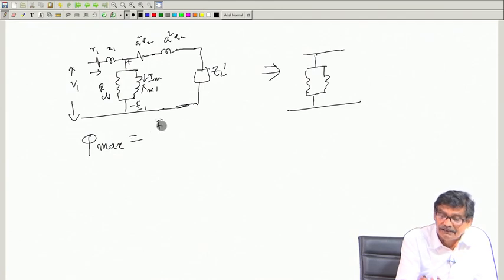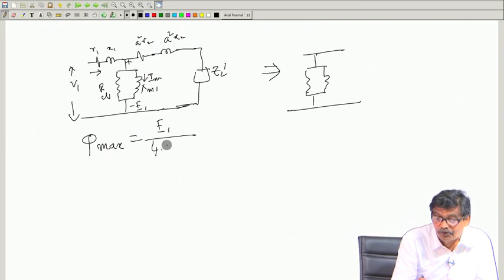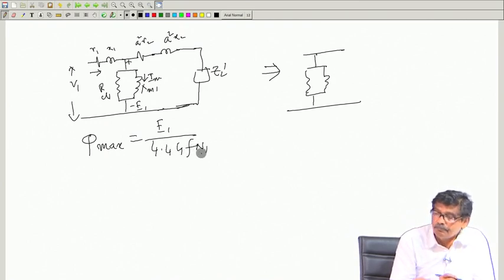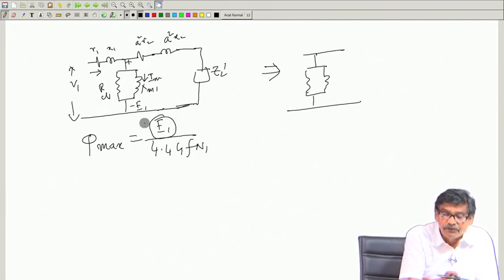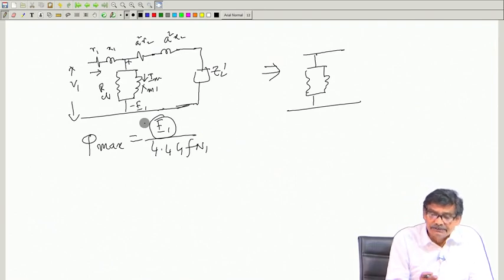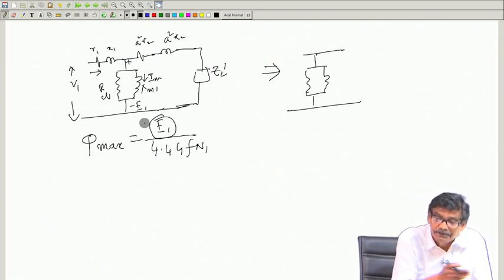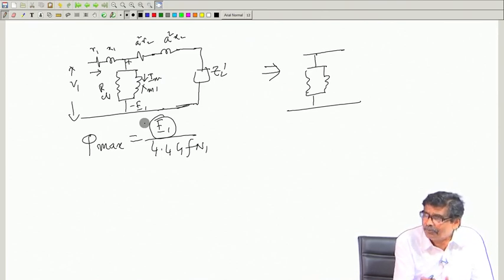Phi max is E1, not V1, by 4.44 f N1, strictly speaking. But this E1 value will deviate from V1 a little. In the no load condition, it will be almost the same as V1, and during loaded condition there is a little drop here.